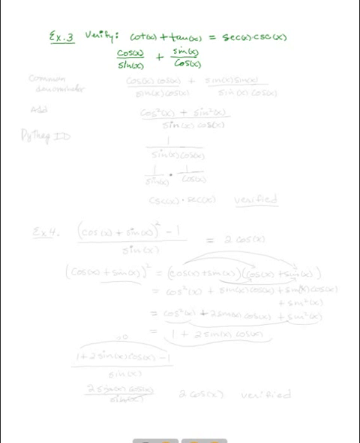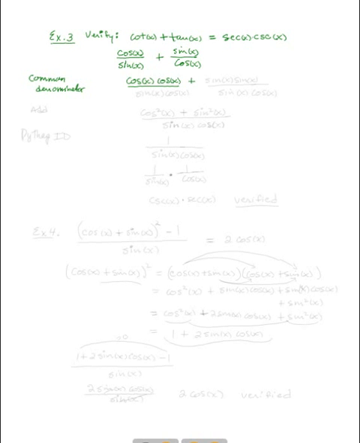Now again, we want to get a common denominator. And when you get the common denominator, the common denominator will be sine times cosine. So the top and bottom of the first one has to be multiplied by cosine.